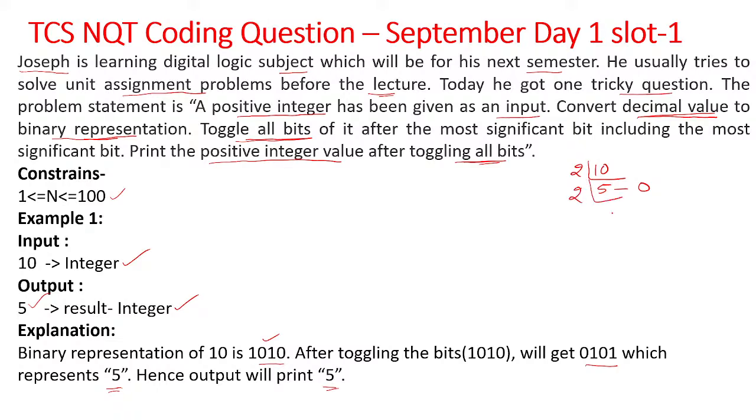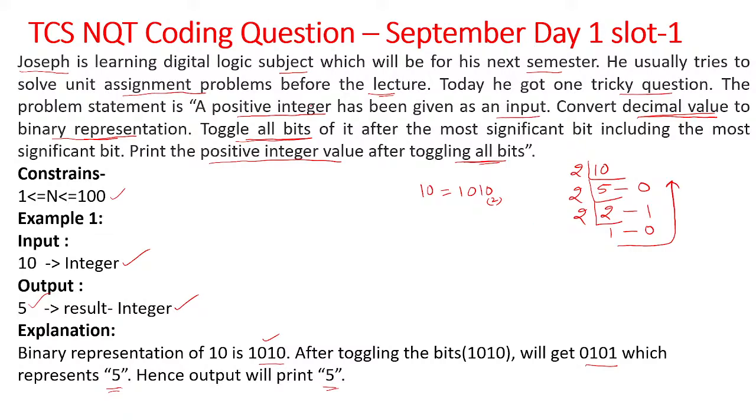Then 2 twos are 4, the remainder is 1. Then 2 ones are 2, the remainder is 0, and we need to write the binary representation from bottom to top. That means 10 in decimal is equal to 1010 in binary.